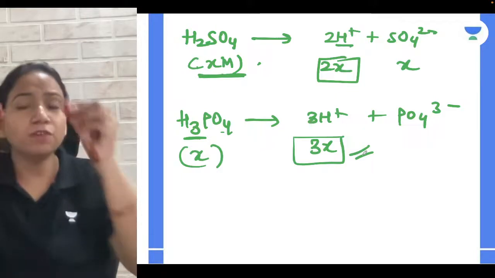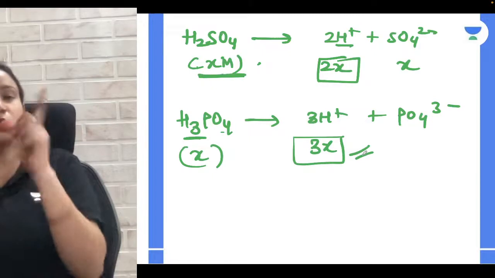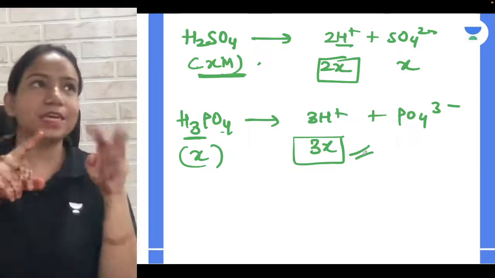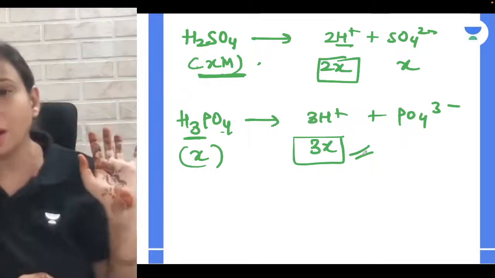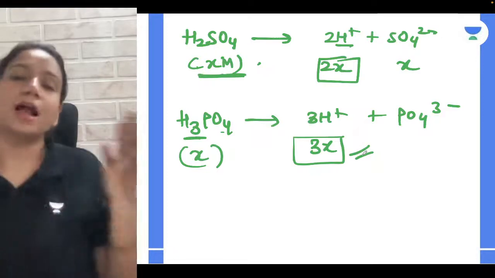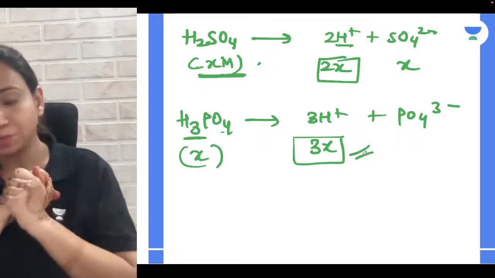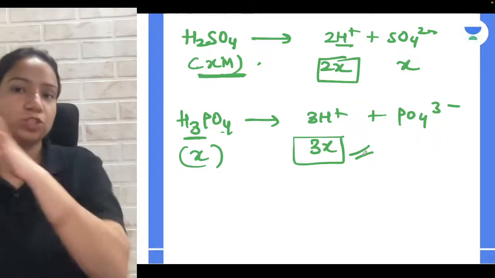This is only when you will get a tricky question. Otherwise, in a simple question with a 1:1 ion ratio, like HCl, HNO3, KOH, NaOH, you just have to take whatever concentration is given. You take the H plus or OH minus ion concentration and you will get the pH or pOH. The relation between pH and pOH is pH plus pOH is equal to 14.